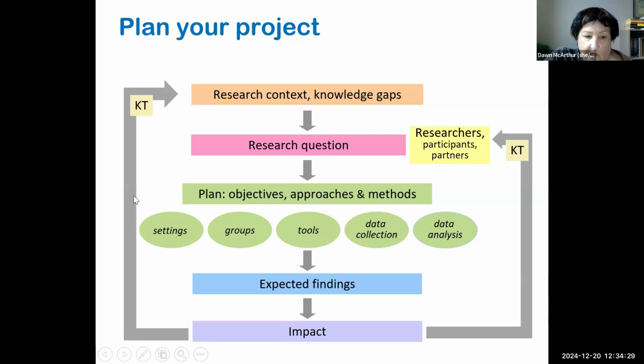Then you take that impact back to the field and the topic area, and you take it back to the participants and research community in knowledge translation. Those are knowledge translation actions. There's also a knowledge translation action that would be called integrated knowledge translation, where these researchers, participants, and partners are involved in this planning.